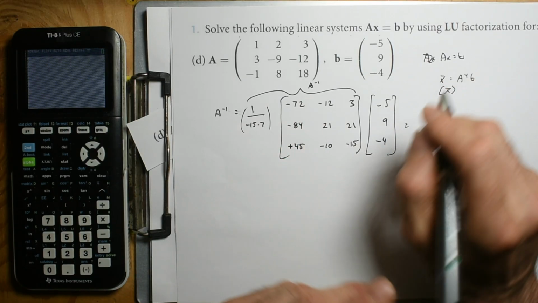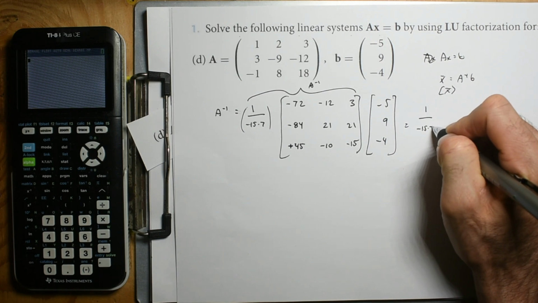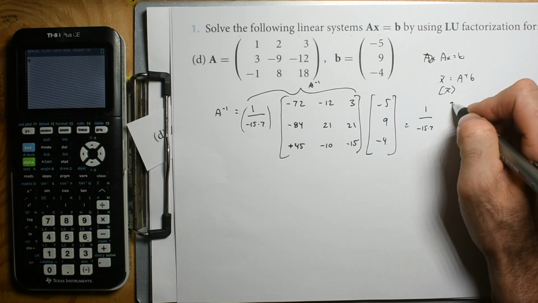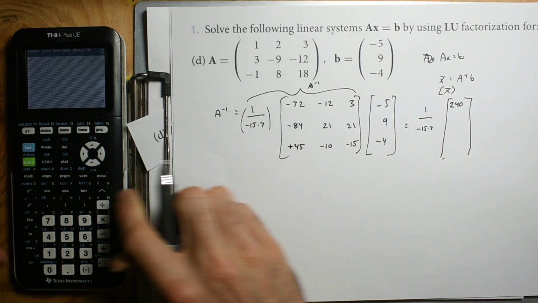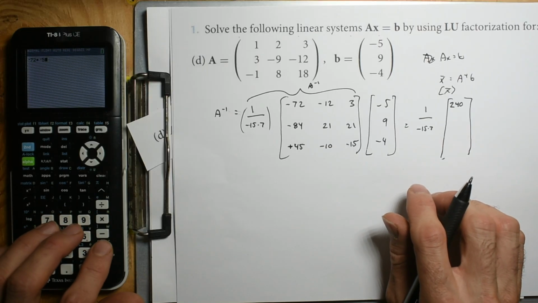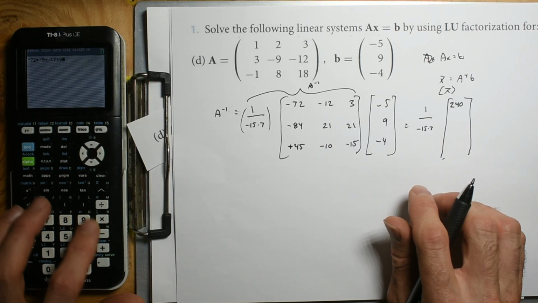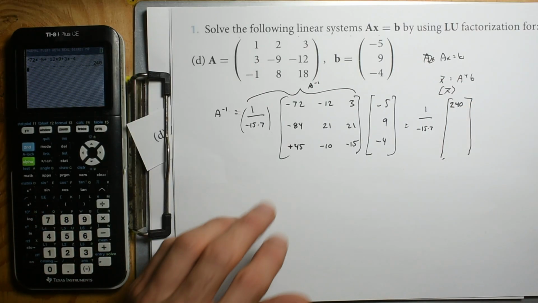Oof, brutal. So we have 1 divided by negative 15 times 7, and then we got 240. Then do it with your calculator: negative 72 times negative 5 plus negative 12 times 9 plus 3 times negative 4. And yeah, 240. Well, let's do the next one.